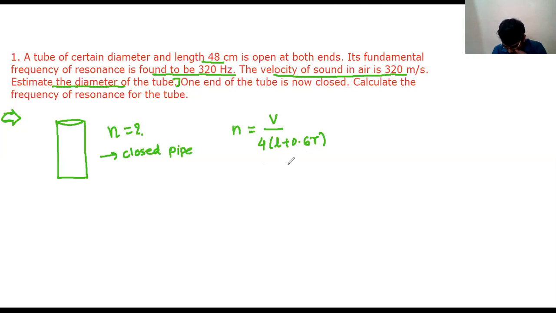Now see here, we already got the diameter, that is 3.33 centimeter.